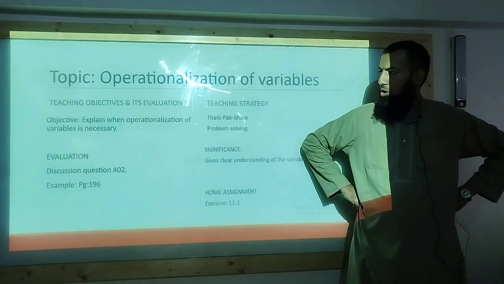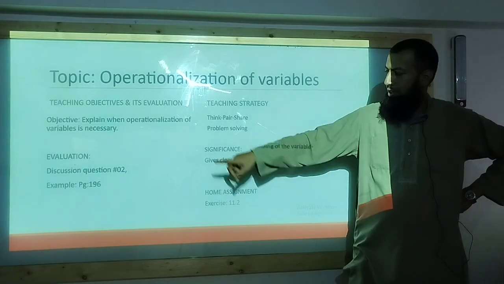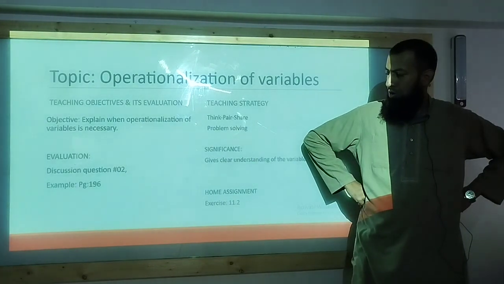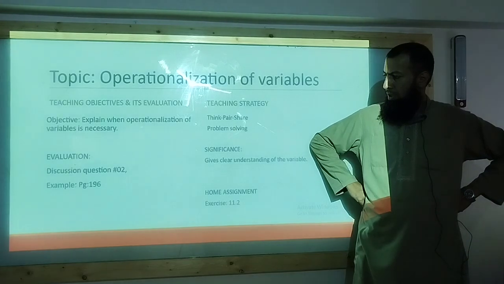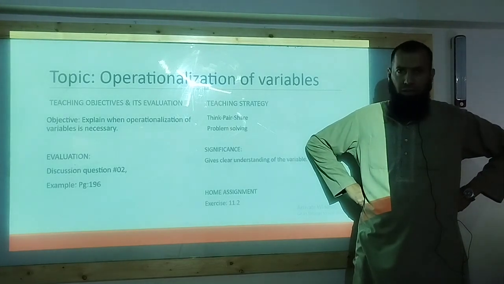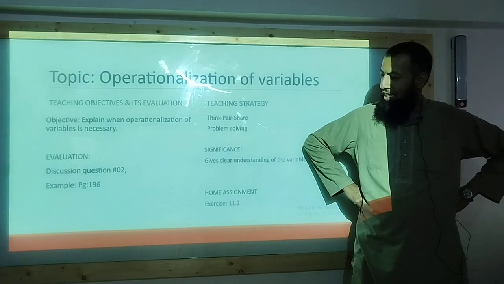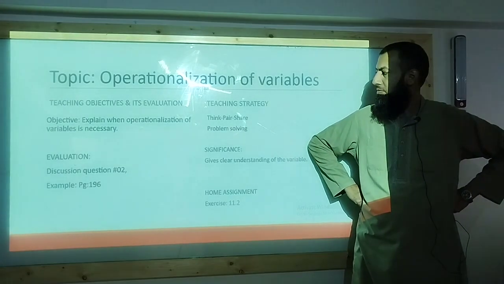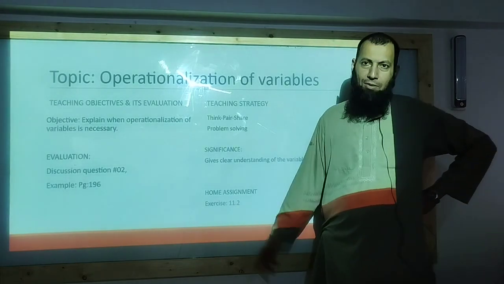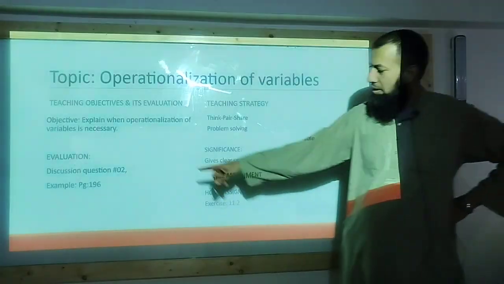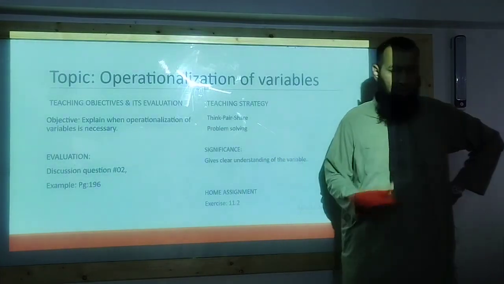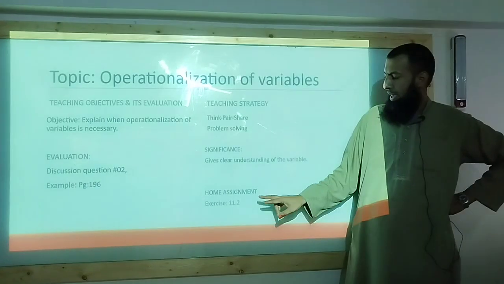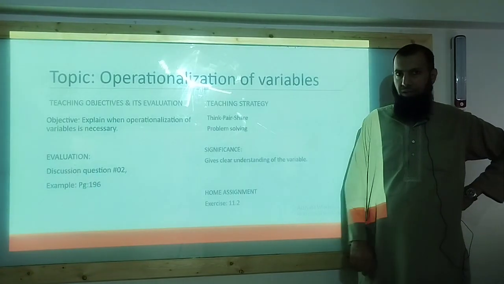You will be evaluated by discussion question number 2. And the other one is the example, page number 196. Home assignment is 11.2. These are the discussion questions which we might be doing in the class, and this one is the home assignment. Okay?